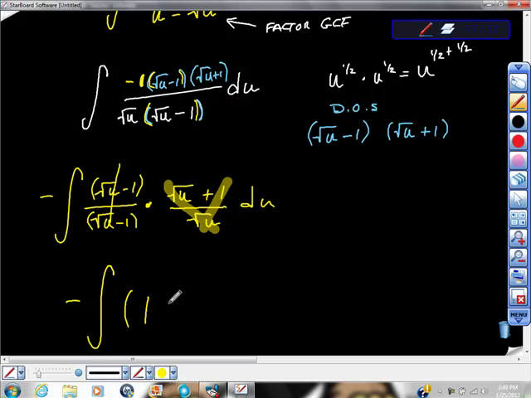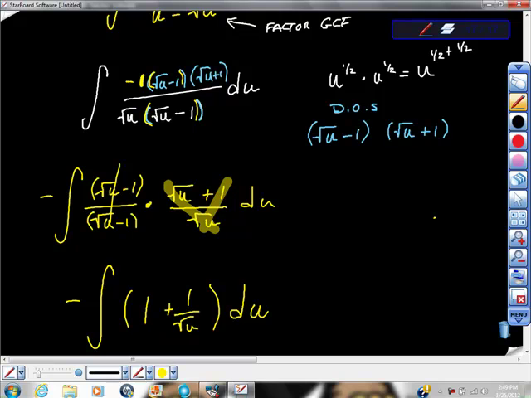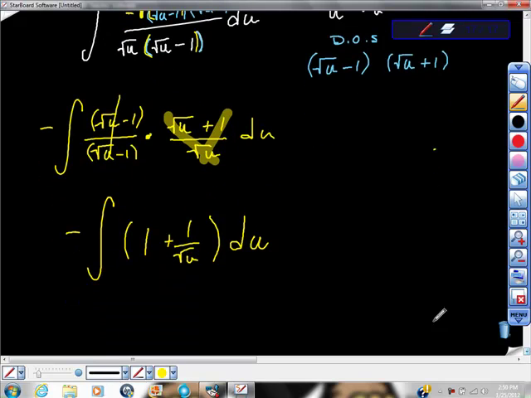And 1 over the square root of u is 1 over square root of u. Isn't that true? du. Wow. Believe it or not, we're actually really getting here. We're getting to where we're going. We truly are. Because I can rewrite 1 over the square root of u as u to the negative 1/2 power.